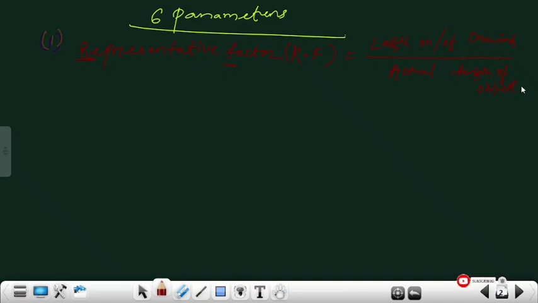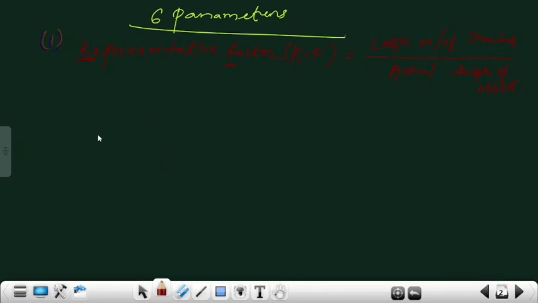Before starting the representative factor definition, we have to discuss some examples. If you have to draw an object like the plan design of a house or apartment, the house is much bigger than our drawing sheet.